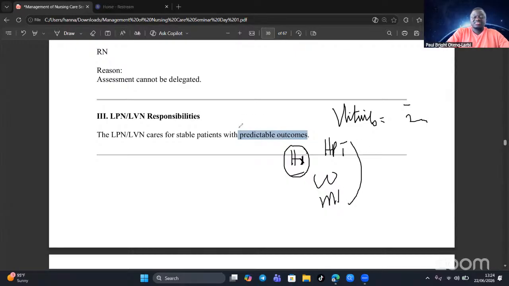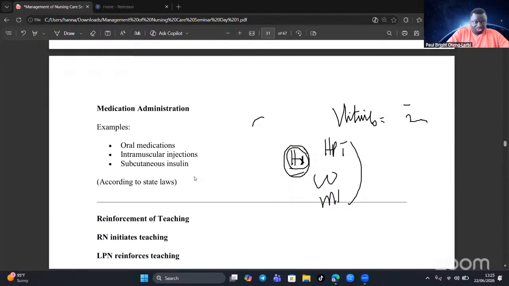Okay, and despite the stability, there is also a predictable outcome. Let's give this patient to the LPN to manage. A patient with a history of hypertension needs to take antihypertensive tablets.